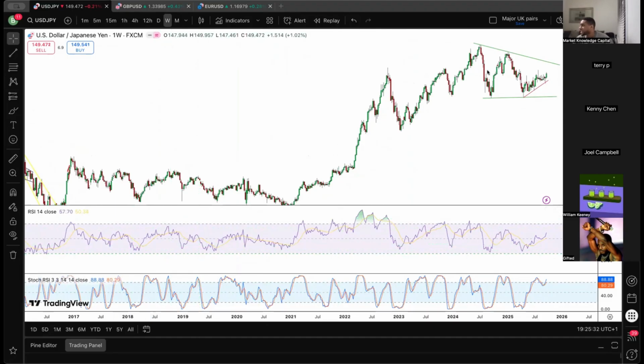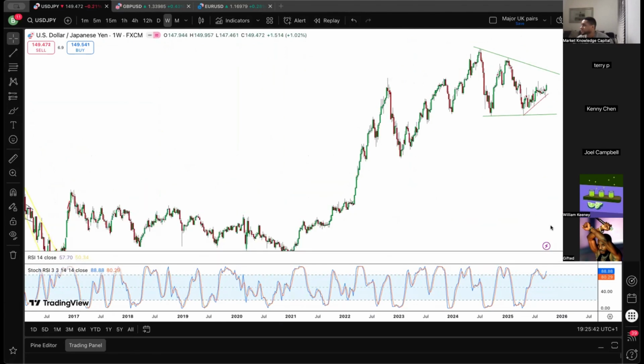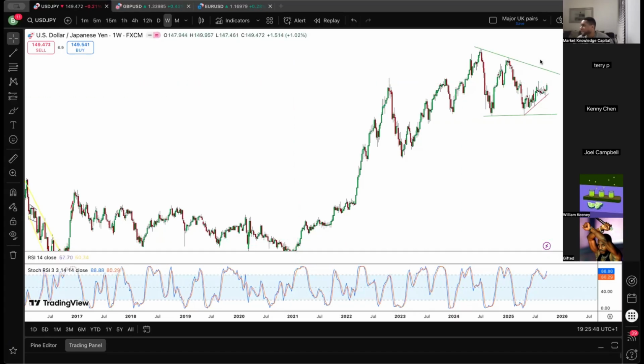Now, I just want to ask, have any of you who are trading used the stochastic? Just out of curiosity. Or are any of you not familiar with the stochastic indicator? Okay, cool. I know there's a few traders who are currently in the session now. I would be very interested to know what indicators any of you use and why.